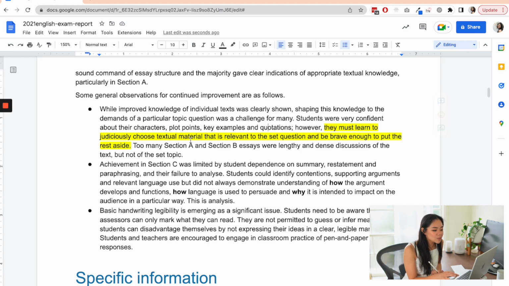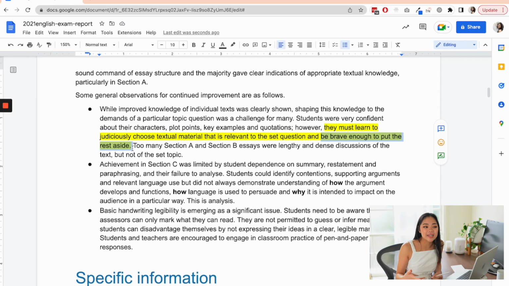And so that's what this part is really talking about, how it's really important that you use textual material that is relevant to the question at hand. It's really obvious to an examiner when you're using an example that you've memorized or an example that you've used over and over again, but it doesn't quite sync up with the essay prompt. So that's why here it also says you need to be brave enough to put the rest aside.